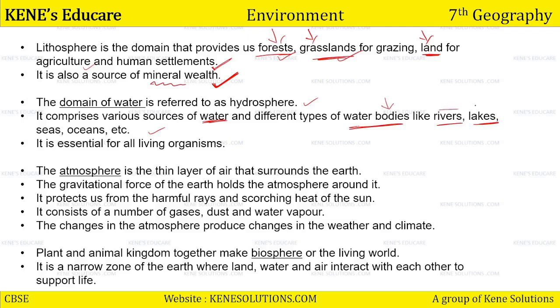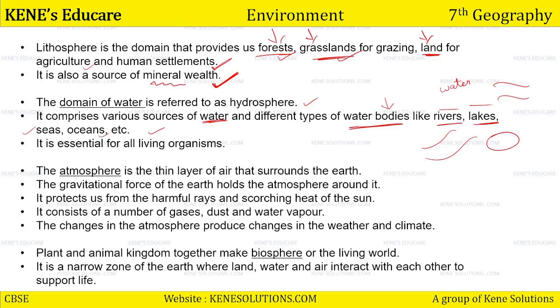We are calling these rivers, lakes water bodies, right? Because water is there, but it is flowing in the form of a body. If it is flowing in the form of a river, it's a different body. If it is flowing in the form of a lake, it's a different body. Sea has a different body, ocean has a different body. That is why we are calling them different water bodies.